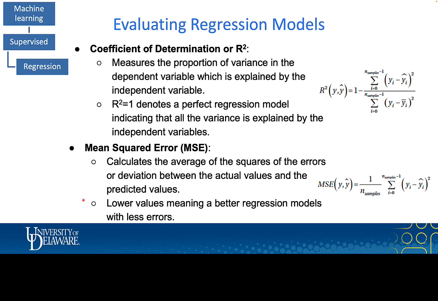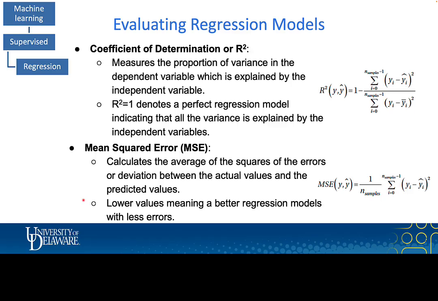As explained before, depending on the type of method, whether it's regression or classification, there are different types of evaluation metrics that we can use. For regression, R-square, or coefficient of determination, is one of the metrics, which measures the proportion of variance in the dependent variable that is explained by the independent variable.